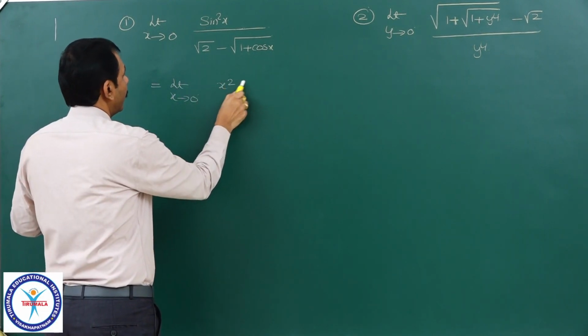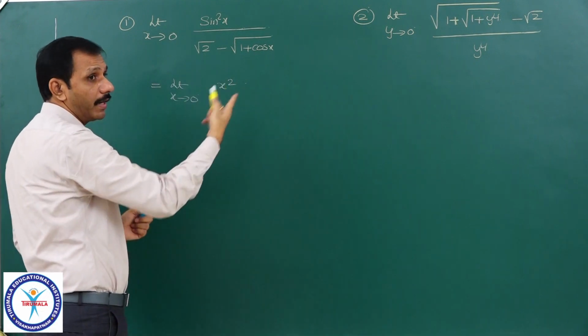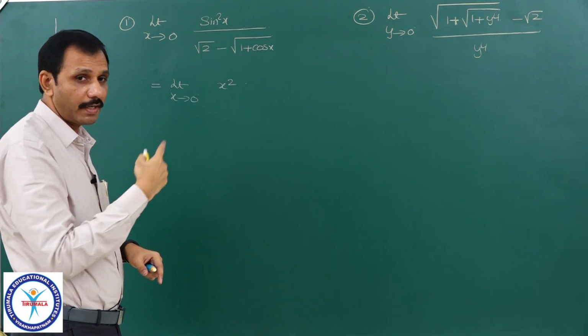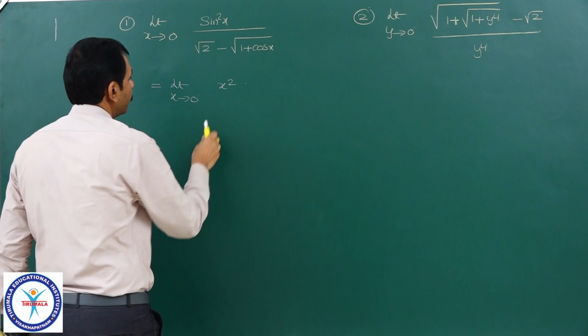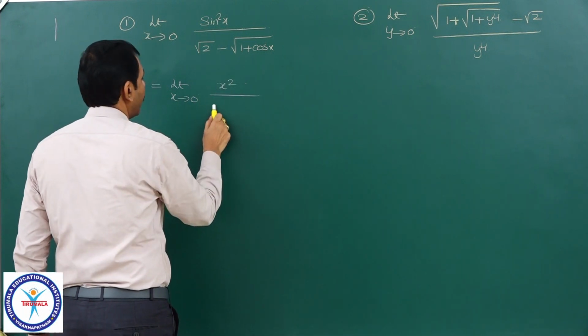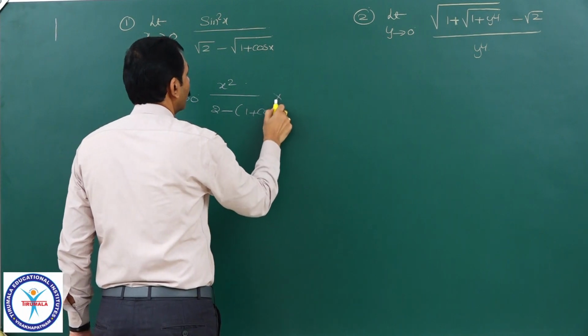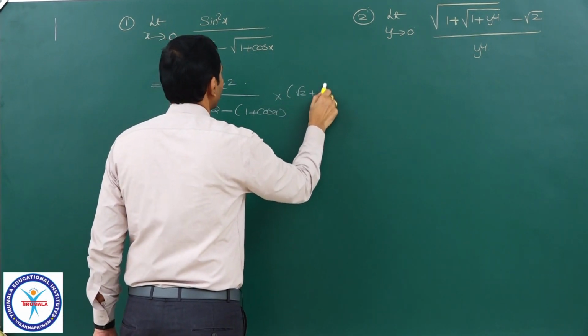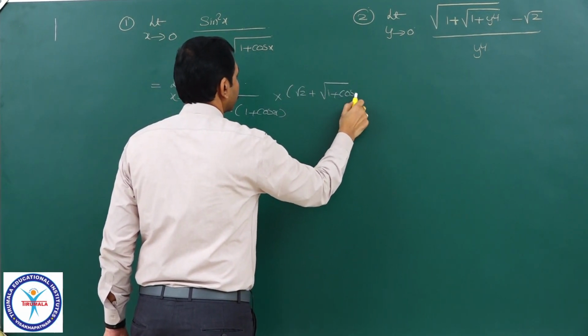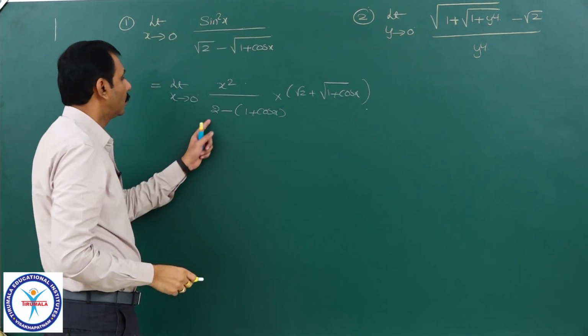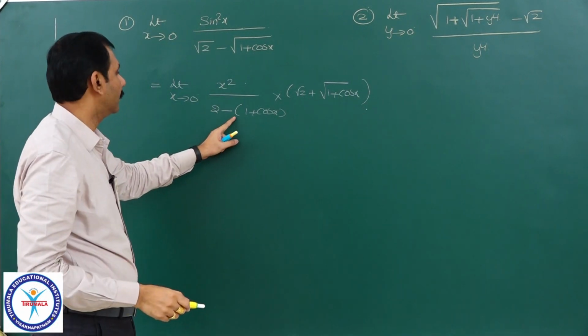Numerator I will write x square, because sin square x by x square into x square. Sin square x by x square is equal to 1. Yes. If I rationalize, the denominator will become 2 minus of 1 plus cos x into root 2 plus root of 1 plus cos x. Hope you understood. 2 minus 1, 1.